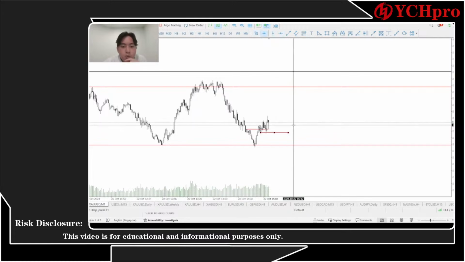We can try to do long positions and putting our stop loss. Maybe we can try, but we try with a small lot size.